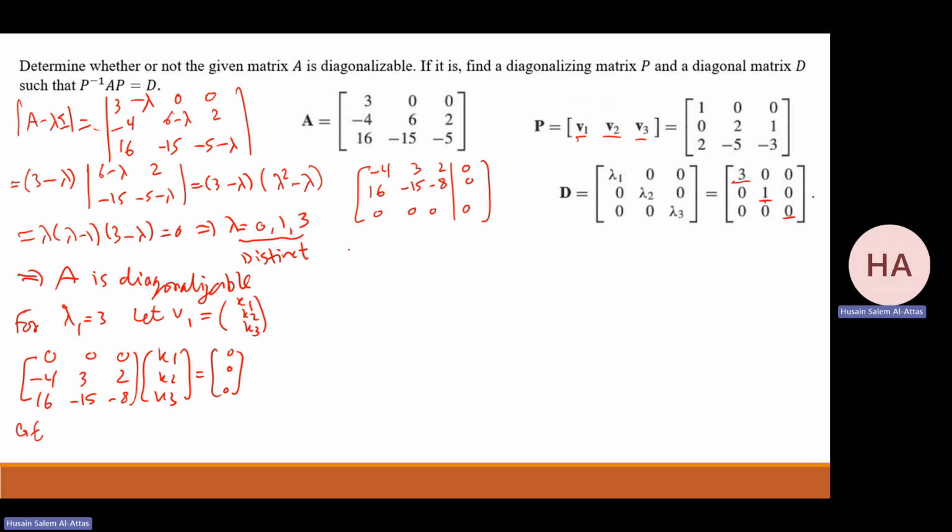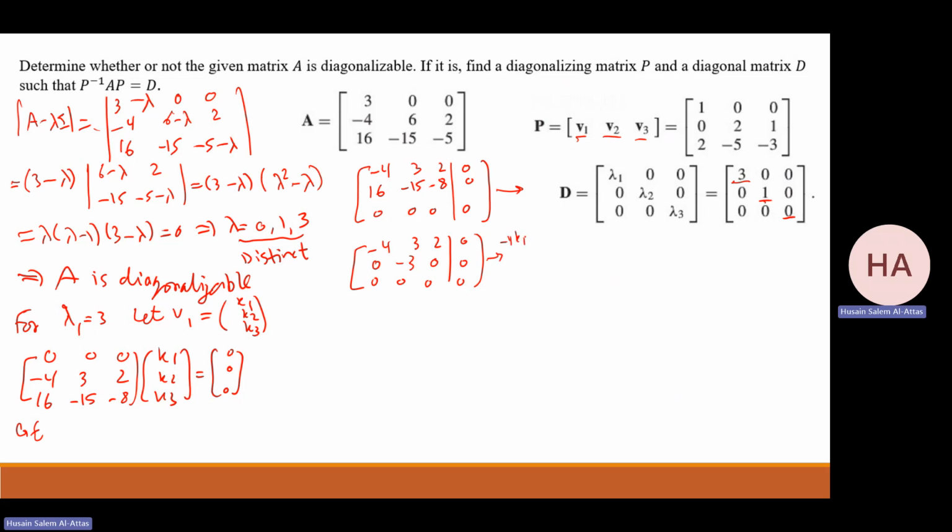So multiply by 4 and add, and you will get this one will be the same. By 4 and add, that will be 0. This will be 0, 0, 0. Multiply by 4 and add, that will be minus 3. Multiply by 4 and add, that will be 0. So what do I have?